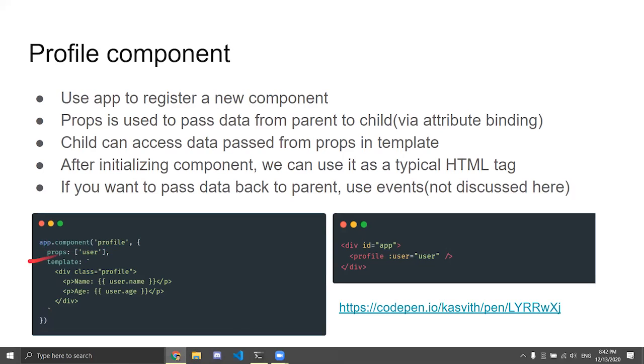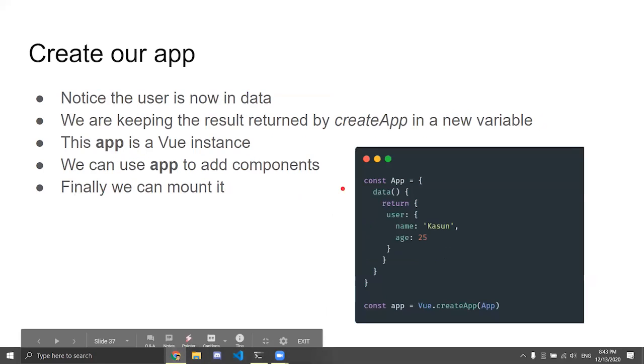And in here, I have added a new property called prop. So you already know props from React. This is the same thing, that you pass data from your parent to child components in a one-way flow. So in here you can see I have passed a user into this profile component from this parent component.